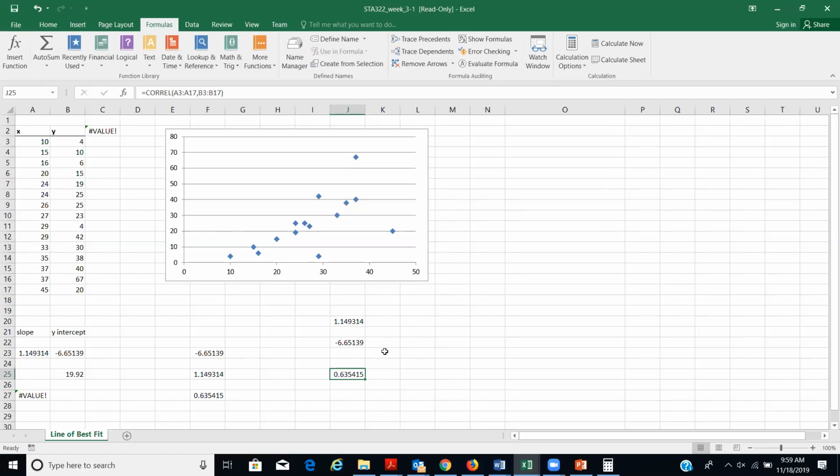We get a value that's carried out to a number of significant digits. In reality, it's 0.64. So what we're saying is that this is correlated. 0.64 means that the data are correlated.